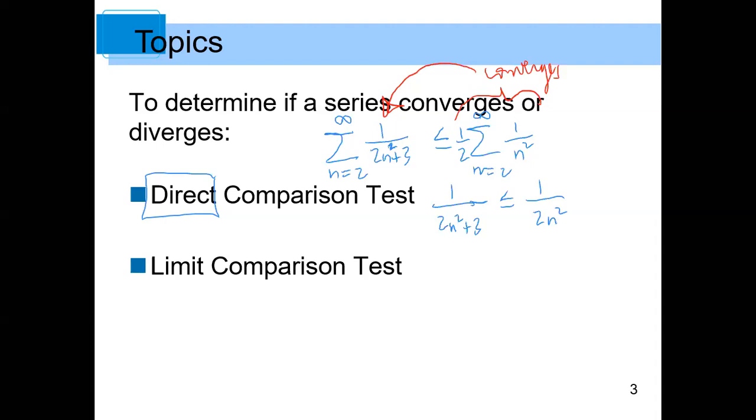In the case Michael brought up, I slipped a diverging series below the series in question. But in this case, I slipped a converging series above the series in question to make a conclusion. Now, what is not helpful, my friends, is to slip a converging series below the series in question.